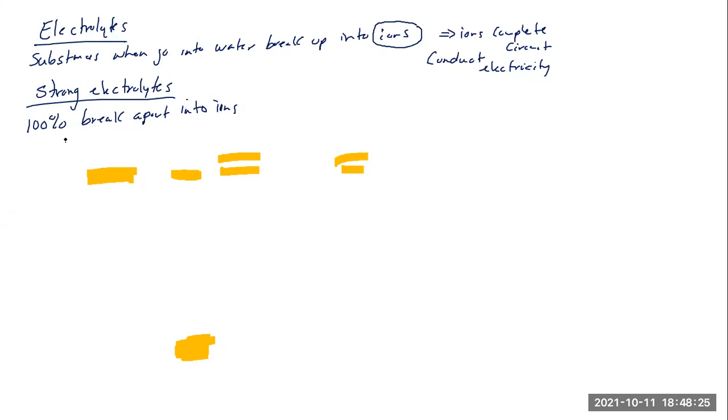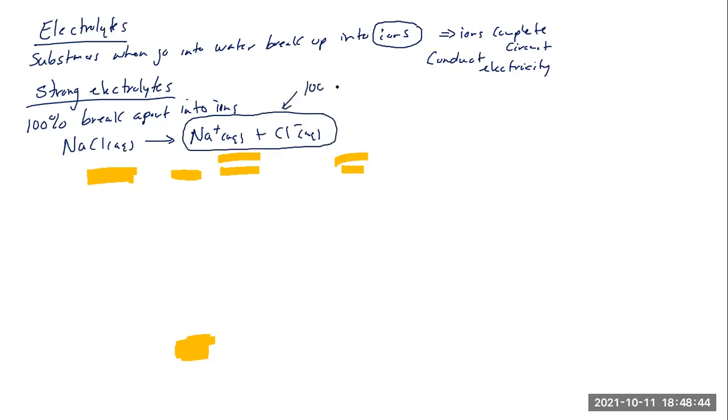So if you had a solution of sodium chloride, it would 100% break apart into sodium ions and chloride ions. So 100% of what you would actually have in the solution are these individual ions floating around. You would have none of the sodium chloride units still together.